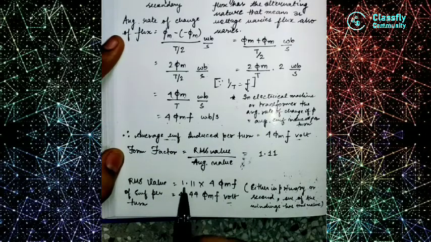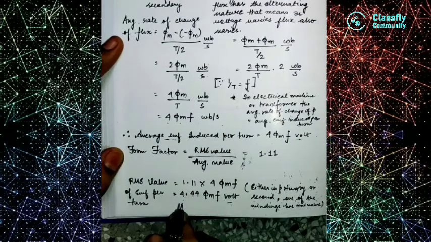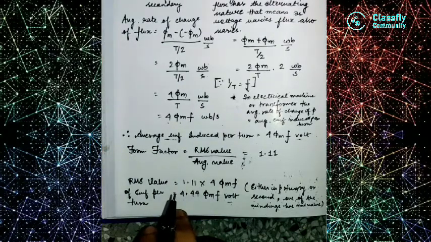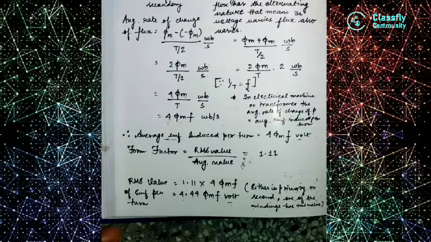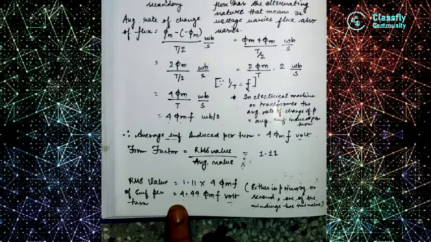That means this value will be either on the primary side or on the secondary side. Any one of the windings will have 4.44 phi mf volt. Now, as we have assumed in the let's assume section, for the primary we will take the number of turns as N1, and for the secondary we will take the number of turns as N2.